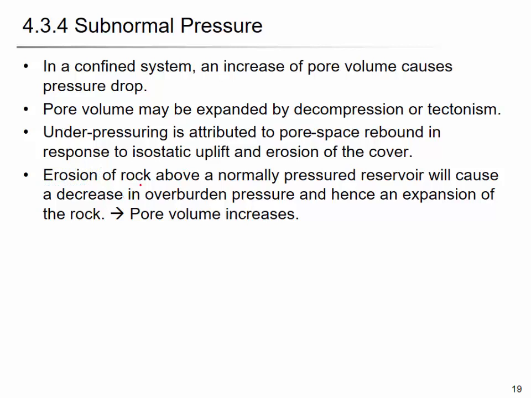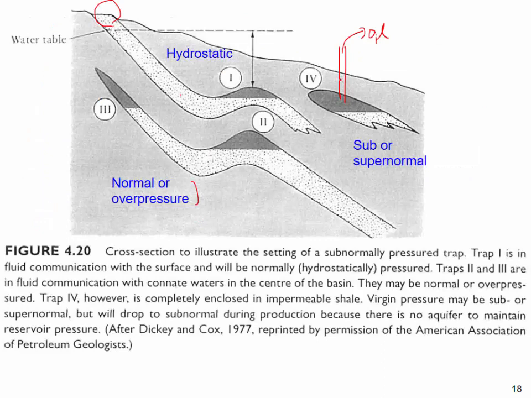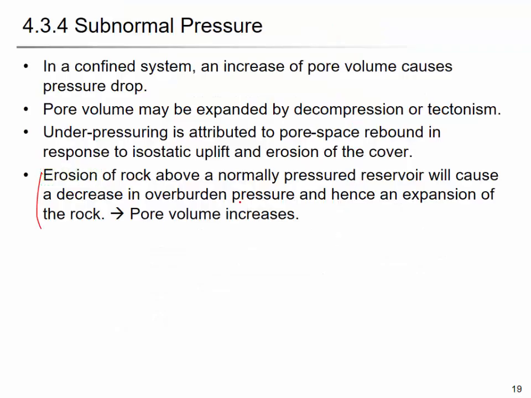And the erosion of the rock above a normally pressurized reservoir will cause a decrease of overburden pressure and hence an expansion of the rock. So you go back, like here, if you have an erosion by this much, then overburden pressure will decrease so that you have a decompression, so that the pressure will decrease. So it tells you the pore volume also increases.